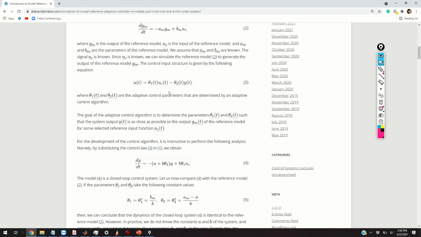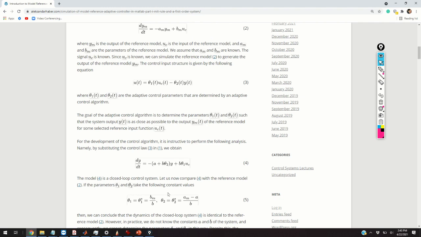We see that if θ2 and θ1 are selected as given in equation 5, this term over here becomes am and this term over here becomes bm. That is, we achieve the desired system behavior.